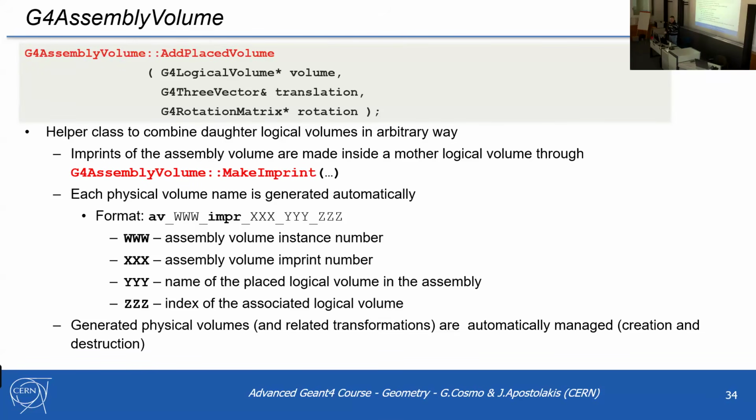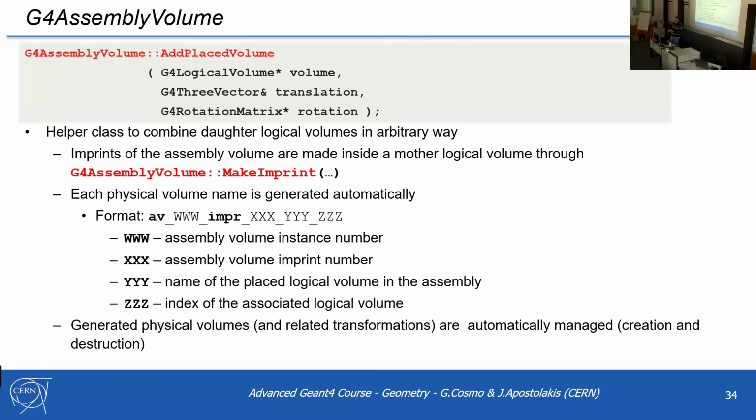You see the main function that belongs to the assembly volume, AddPlacedVolume, which adds one component into the assembly. You have a pointer to the logical volume, its translation and rotation relative to the envelope. Once you have applied this function as many times as needed to create your assembly, you can make an imprint of the whole thing using the MakeImprint method.